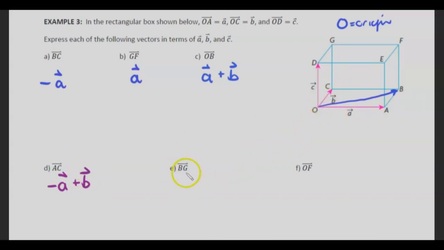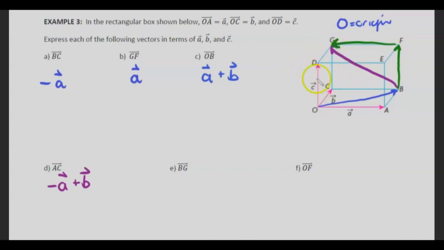Okay, now BG. So B starts here. G is in the opposite corner. So what we have to do is go up and across to get that resultant.